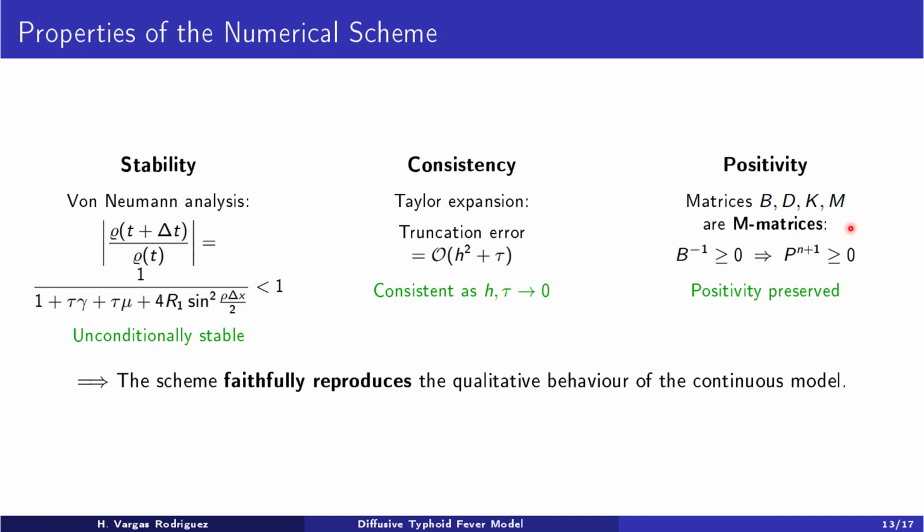Their inverses are therefore non-negative, which guarantees that if the solution is positive at time level n, it remains positive at level n plus 1. By induction, positivity is preserved for all time. Together, these three properties ensure that the numerical scheme faithfully reproduces the qualitative behavior of the continuous model.